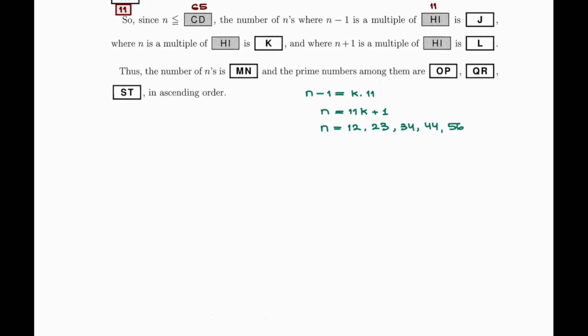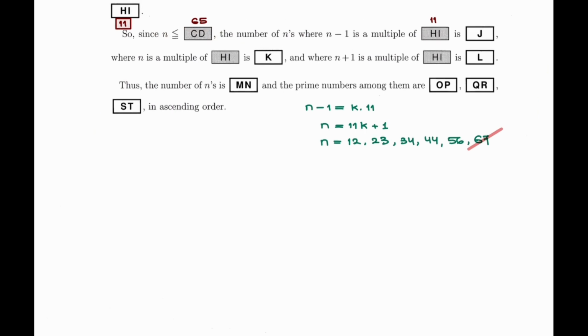And then k equals 6, we get 67. 67 already exceeds 65, so I cannot take 67 as my answer. So the numbers of n where n minus 1 is a multiple of 11 are 1, 2, 3, 4, 5. We have 5 numbers of n. So j here is 5.